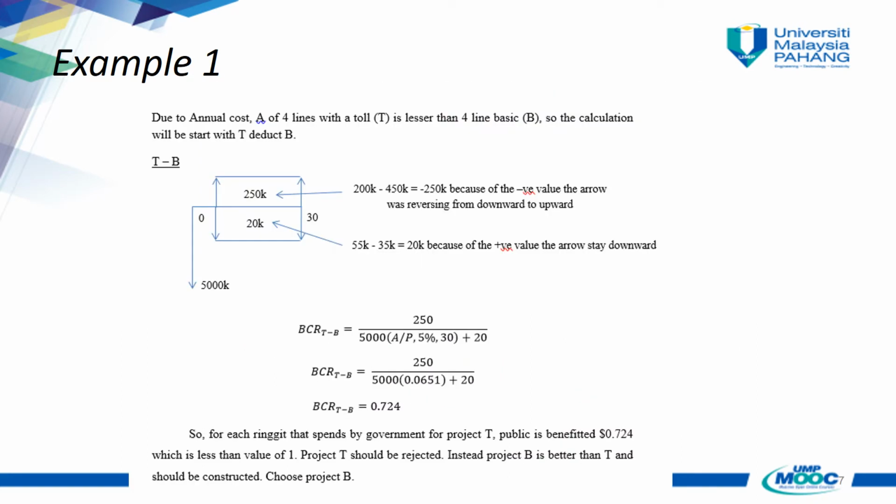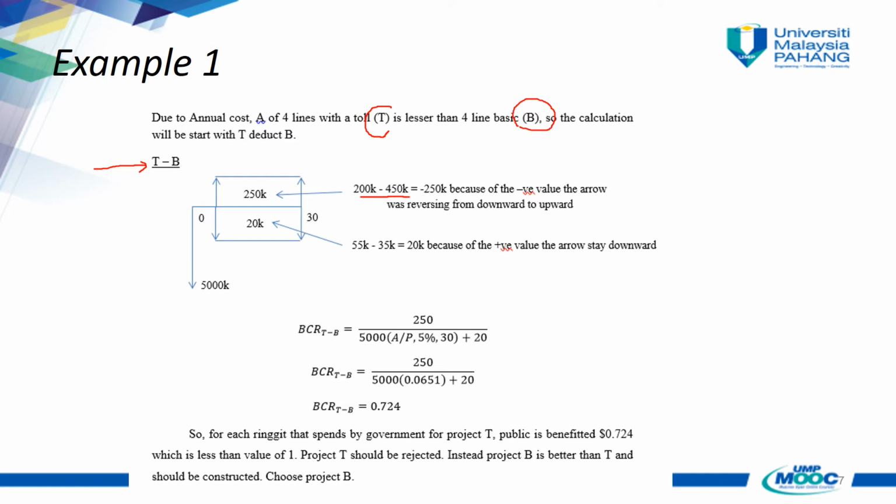Let's see the solution for example one. Due to the annual cost A of the 4-lane with a toll, represented by T here, is lesser than the 4-lane basic, represented by B here, the calculation will start with T deduct B. From here we will see that 200,000 minus 450,000, we will get negative 250,000.